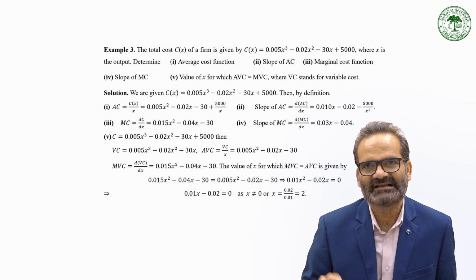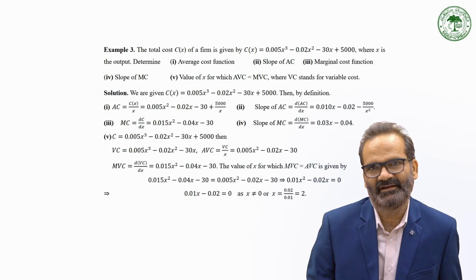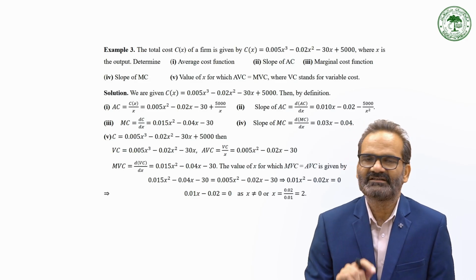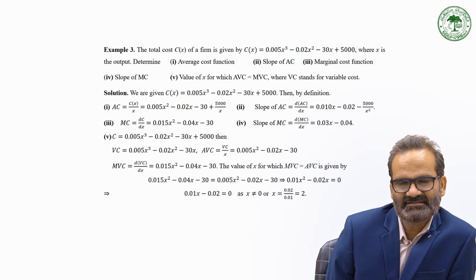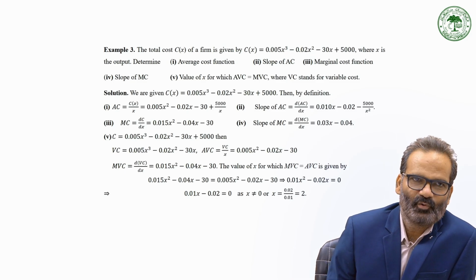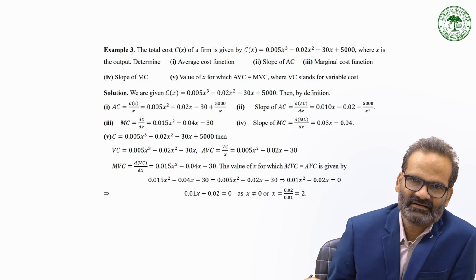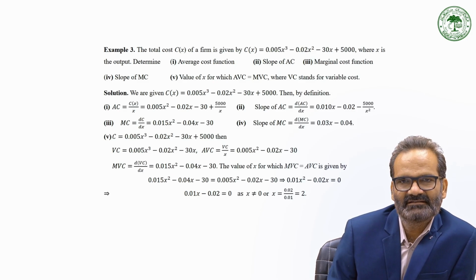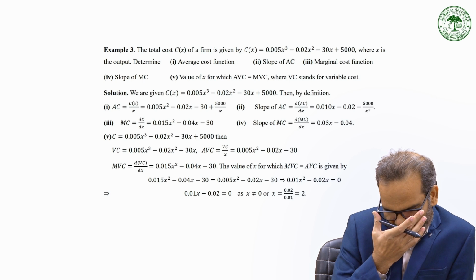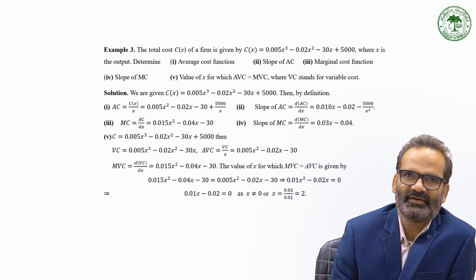Find the second derivative of the given function and put this stationary value in it. If the second derivative is negative, that is less than 0, then the stationary point is called the point of maxima. Likewise, if the second derivative comes out positive, that is greater than or equal to 0, then the stationary point is treated as minima. So this is how we can find the maximum and minimum value of any function.